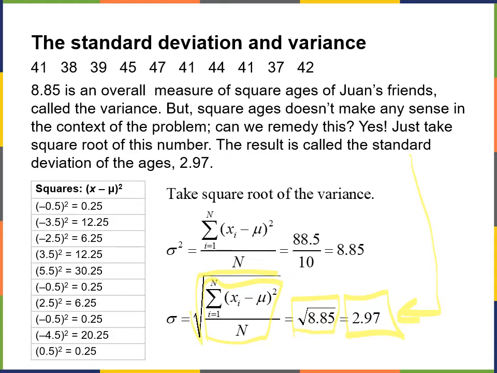The overall deviation of the data set, the amount that the data set is varying away from the mean, is at a rate of 2.97 years from that 41.5. So these ages are all varying away from the mean at a rate of 2.97 years from the mean of 41.5.